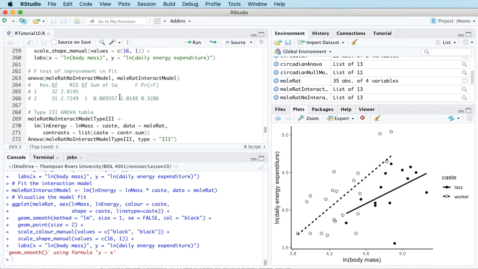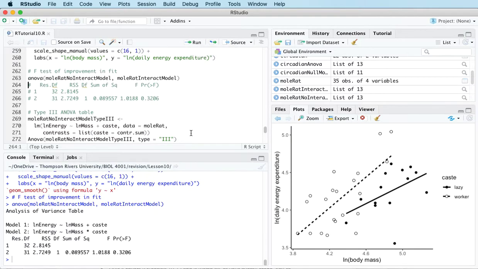The null hypothesis is that there's no interaction between caste and body mass, and the alternative hypothesis is that there is an interaction between caste and body mass. The second step is what is the test statistic. So if we run this ANOVA function, we get a test statistic here, so 1.0188.